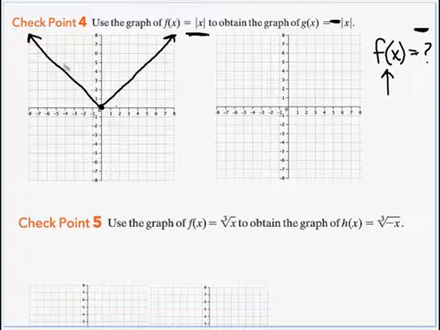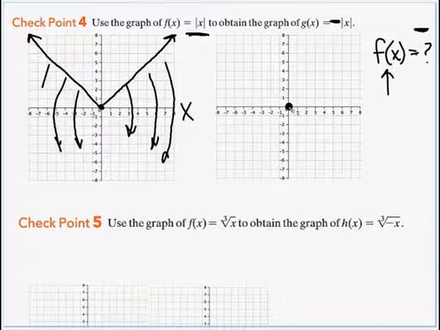So every y-coordinate over here is now going to be flipped down to its negative counterpart underneath. This is a reflection across the x-axis. So the origin will not change, but all of these points are going to get reflected to their negative counterparts in the lower two quadrants. So it turns our absolute value graph upside down, reflected across the x.